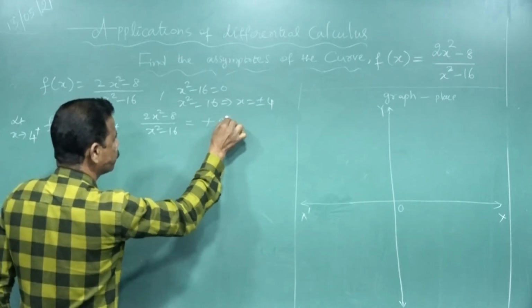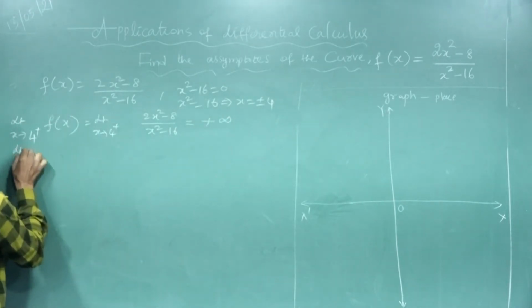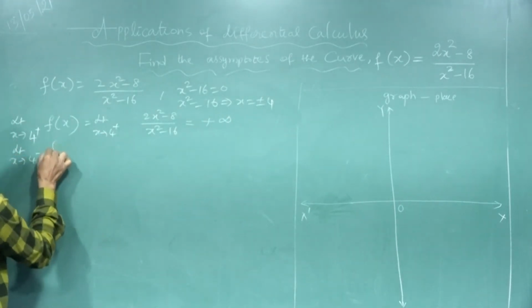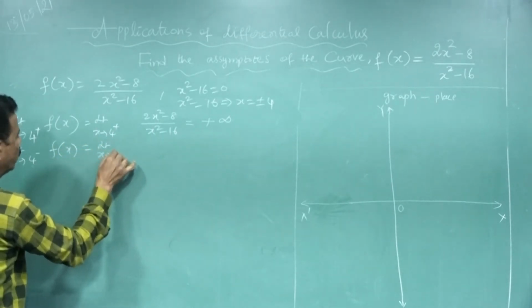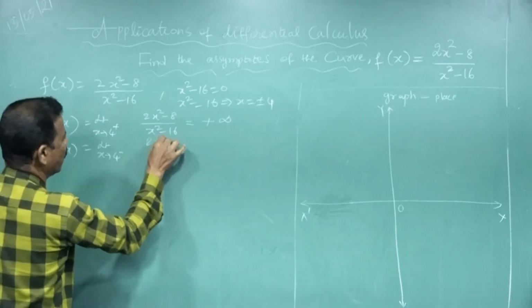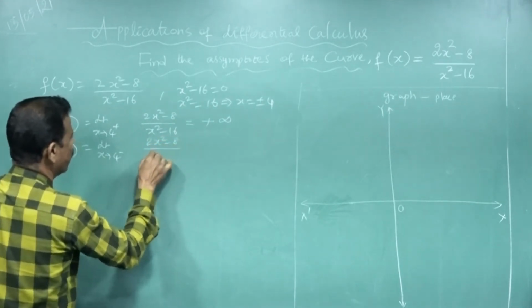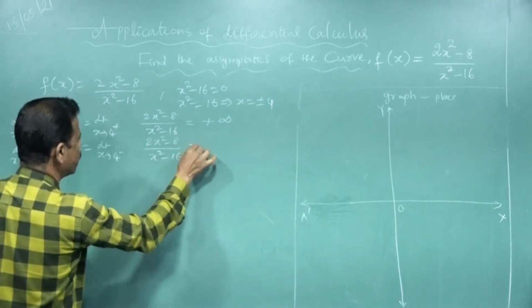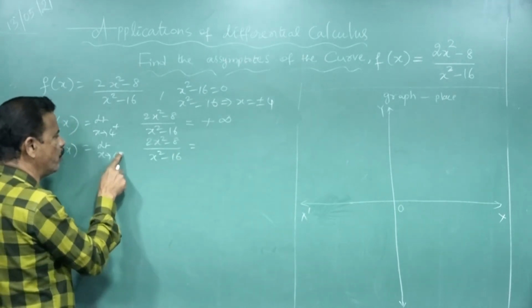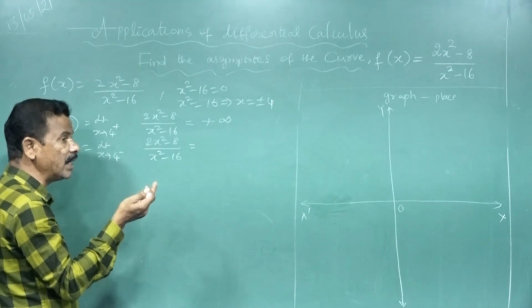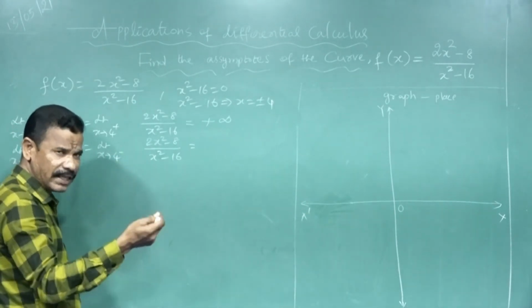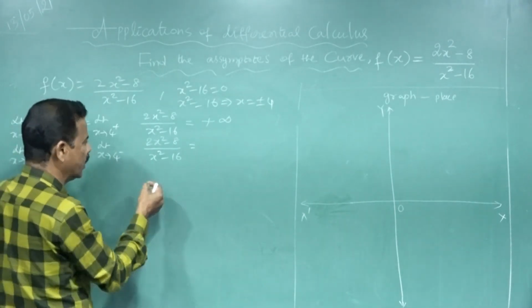The limit as x tends to 4 minus of (2x² − 8)/(x² − 16): 4 minus means below 4, like 3.9999, a little value.